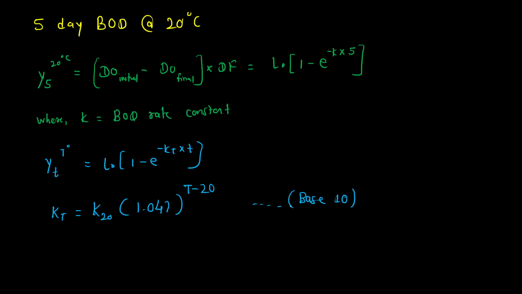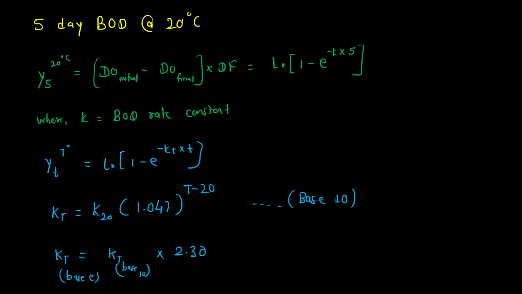Okay, so if base 10 is there, then we have to use this. If the kt formula with base e is asked, so when we solve the problem you will understand it better. So it will be kt with base 10, multiplied by 2.3. So these are the various formulas that we will be using for the BOD calculations.